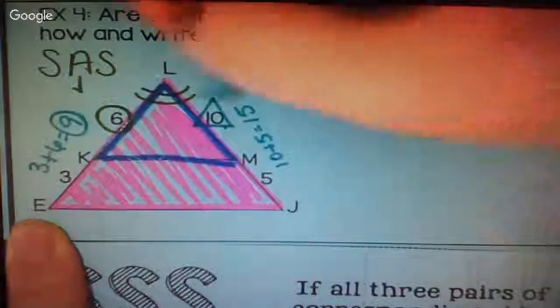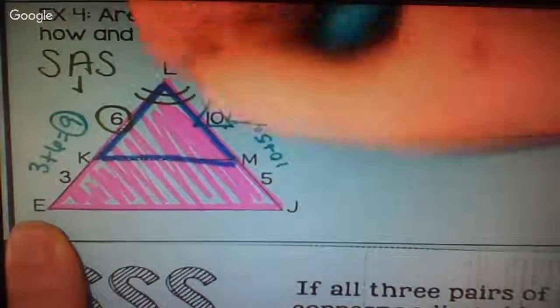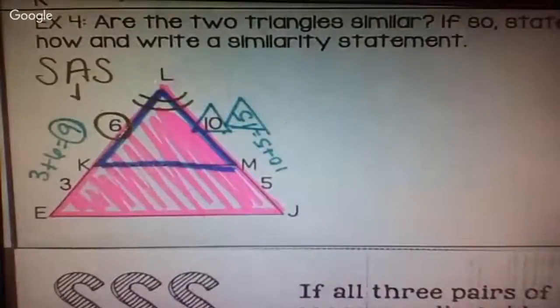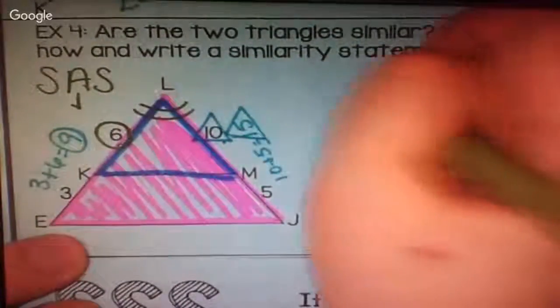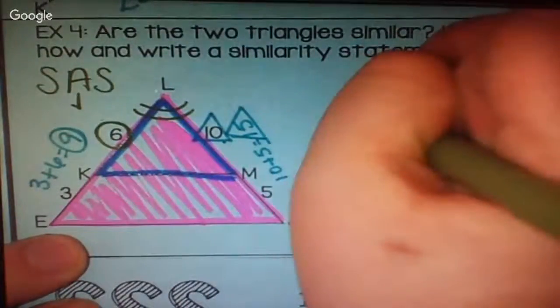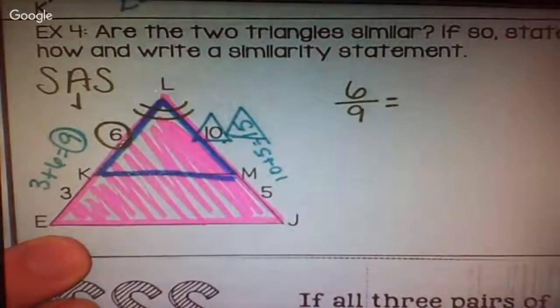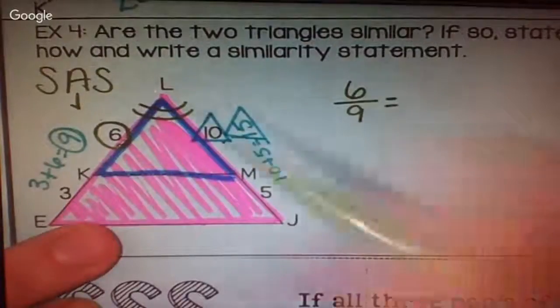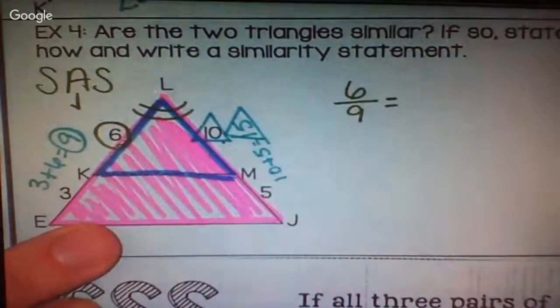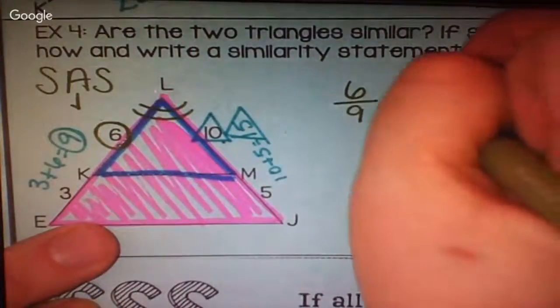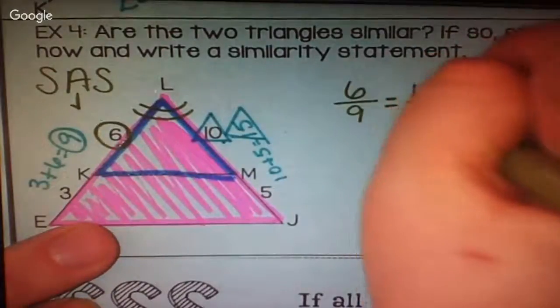So 9 goes with my 6 and 15 goes with my 10. So you can do 6 over 9. Small triangle over the big triangle is equal to, if I do 6 first and 9 second, my second one has to be 10 first and 15 second.